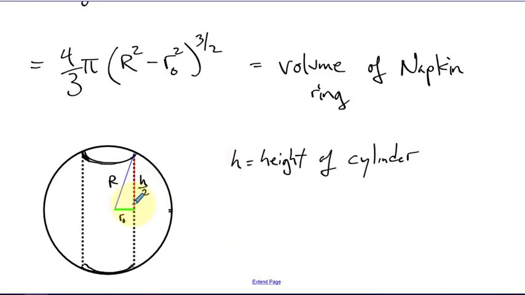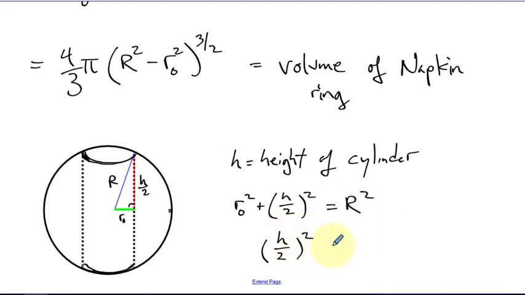And so that becomes a right triangle right there, and we could say R0 squared plus the quantity h over 2 squared is the hypotenuse of the triangle, big R squared. So then h over 2 squared is big R squared minus R0 squared.